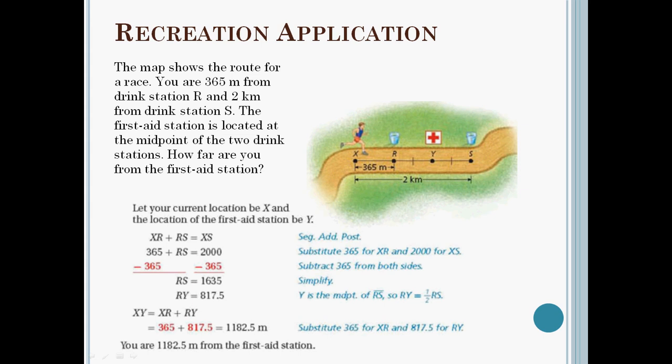Then we make a new equation. We want to know exactly how far we are. So XY. XY is equal to XR plus RY. So we add those two values together, and we find that we are 1,182.5 meters away from the first aid station.